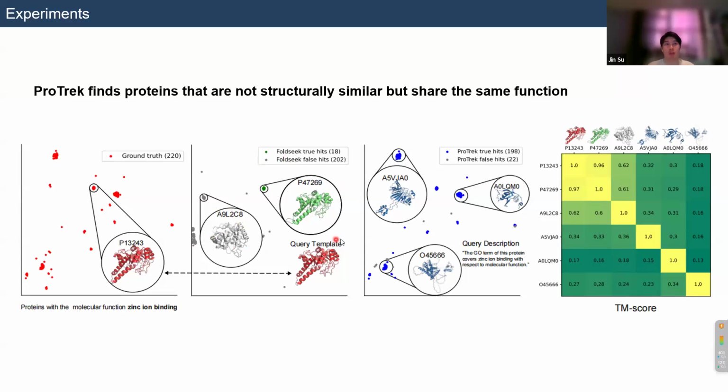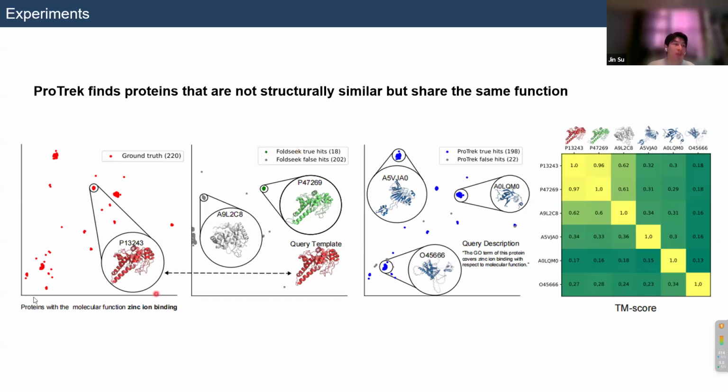However, we found that when we use this template as a query template, among the top candidates found by Foldseek, only 18 of them are true, and the remaining 200 candidates are false.